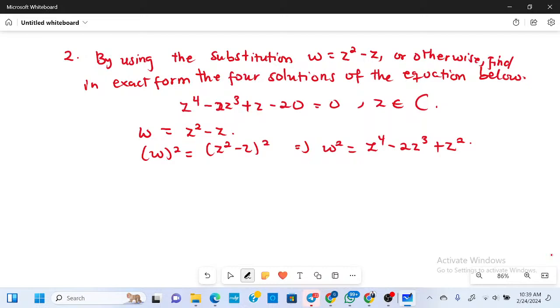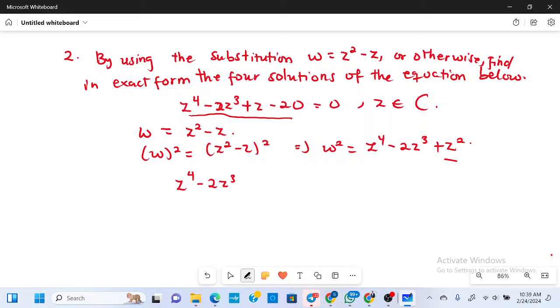When you come back to the equation, you realize that we have Z to the power 4 minus 2Z cubed plus Z, and we can make a substitution here by remodifying our equation given. So I have Z to the power 4 minus 2Z cubed, but I don't have the plus Z squared. So I can introduce plus Z squared, meaning you can clearly see that the coefficient of the Z squared in the main equation is 0.